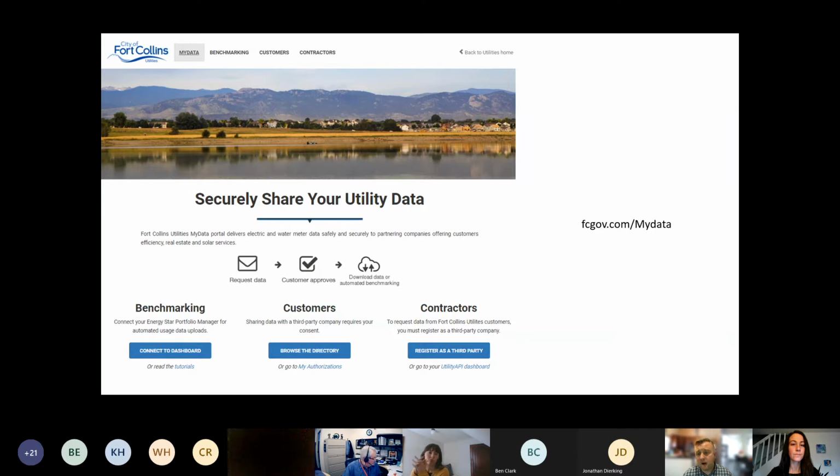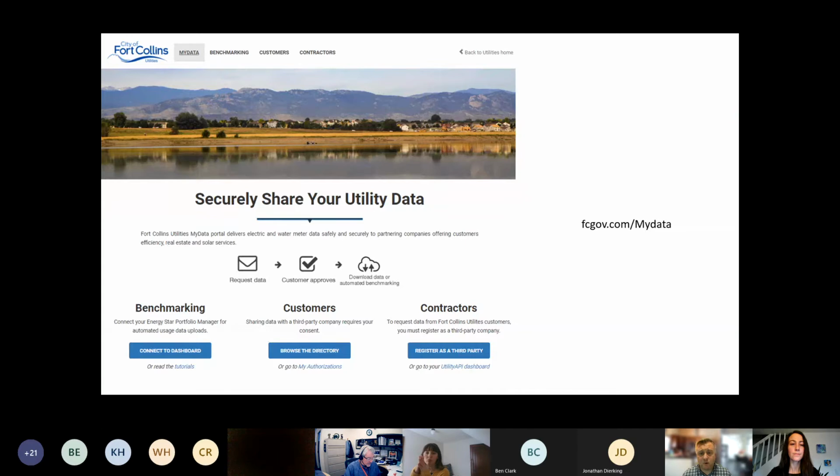And so the process is really put into the customer's hands to make the decision on whether or not they want to share that data with the third party. And that relates to our aggregation level, but the consent process is really kind of where we landed.